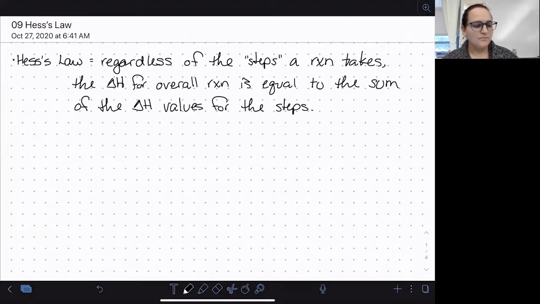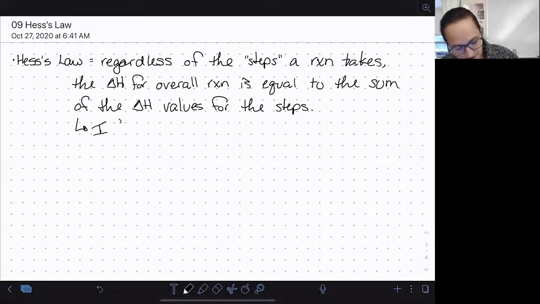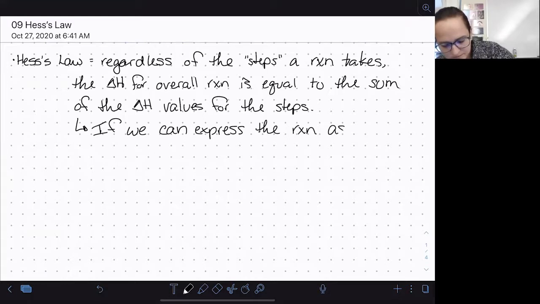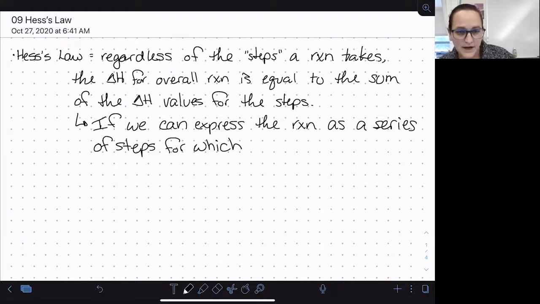for those other reactions, since we know those, to get the delta H for the reaction that we're interested in. So with this, if we can express our reaction as a series of steps for which we do know the delta H, then we can figure out delta H for the overall reaction.